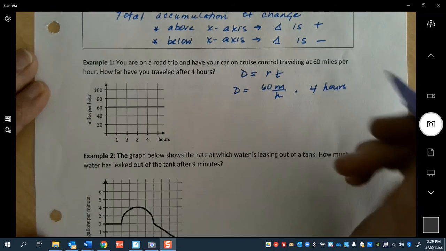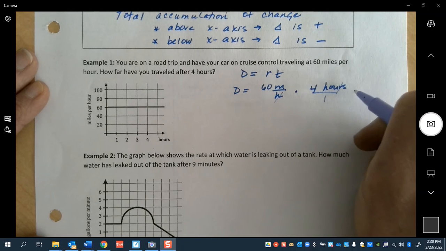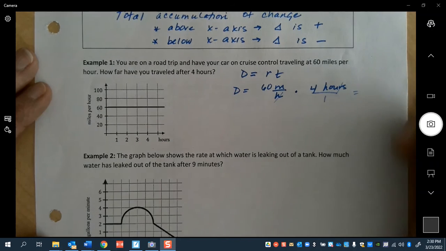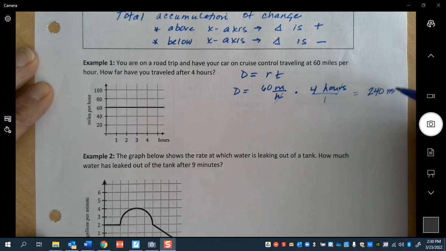And this is where we can look at those units canceling out. And I know that I have traveled 240 miles.